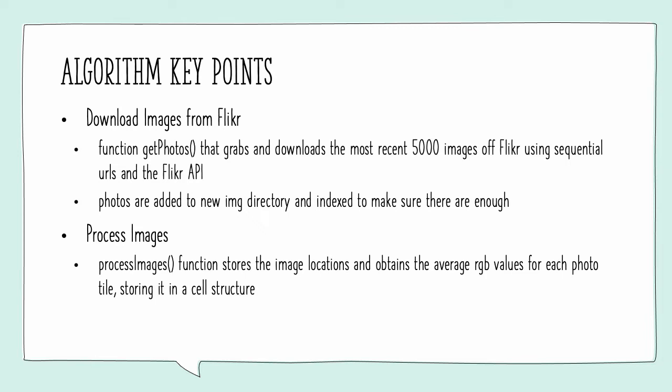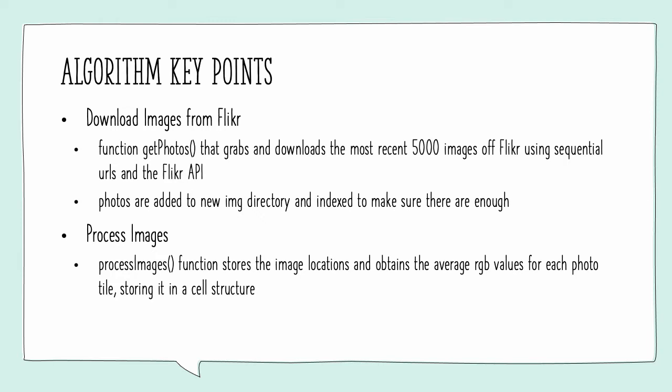It's called get photos, and this function grabs and downloads the most recent random 500 images off of Flickr using sequential URLs in the Flickr API. This downloading of images is not themed or tagged at all, so you're really getting just the most random 5,000 images off of Flickr.